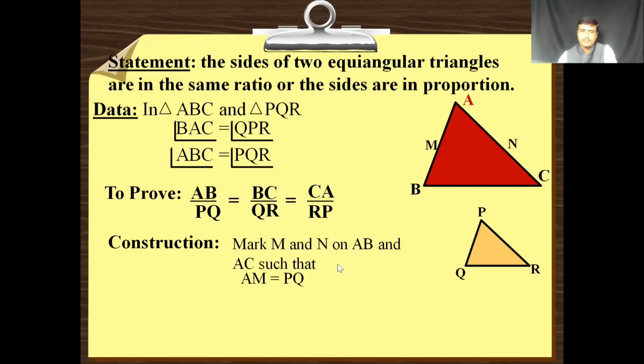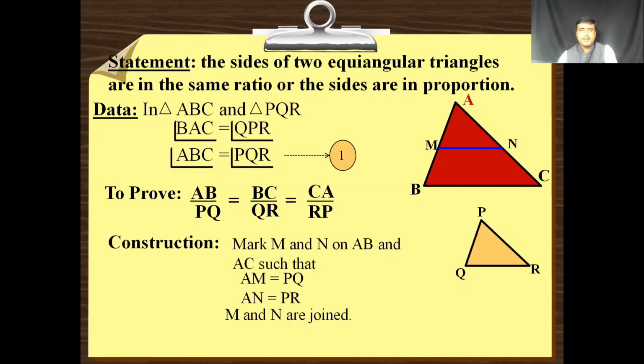What is the condition? Such that the length of AM must be equal to the side of the baby triangle, that is PQ. Similarly, AN must be equal to the other side of the baby triangle, PR. And then M and N are joined. Okay, here I have joined M and N.